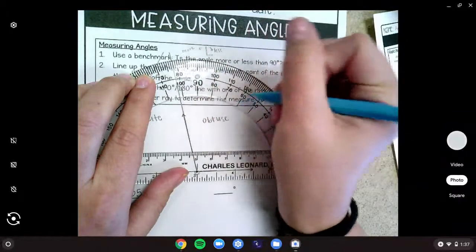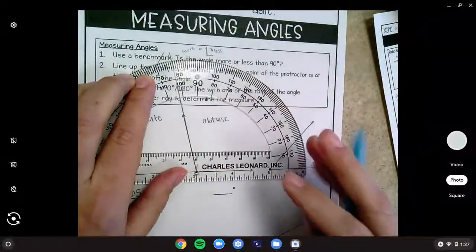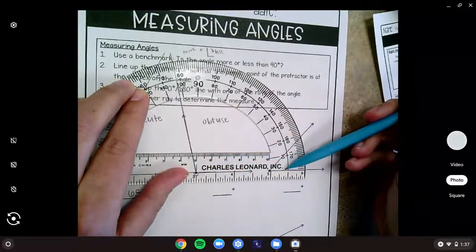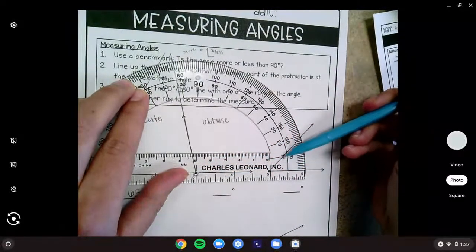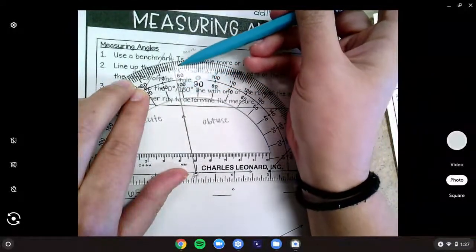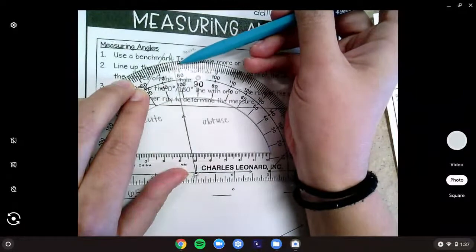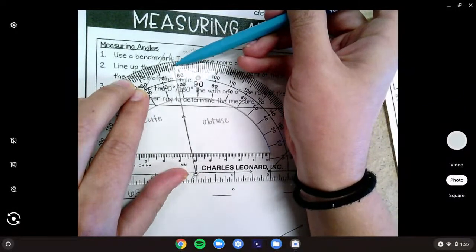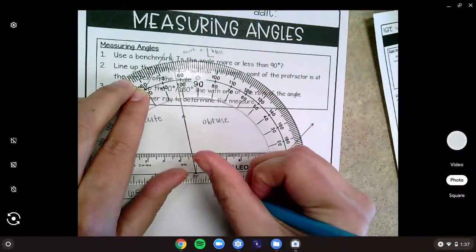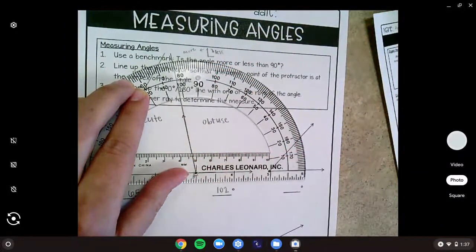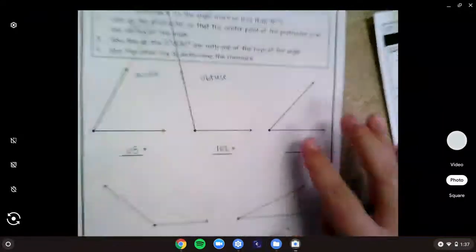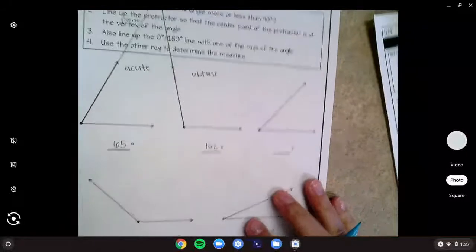So we know it's got to be bigger than 90, that benchmark. We have it lined up. Now we're going to read it from 0, because it's pointing to the right, 0, all the way around. Well, there's 100, but it's past 100. How many past 100 is it? 1, 2. So we would say this angle measures 102 degrees.